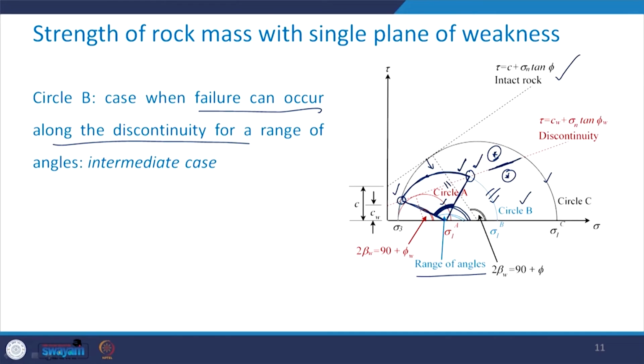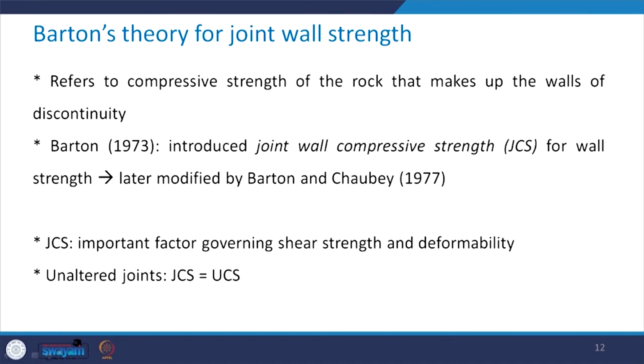If you have the portion from this to this, let us say, and from this portion to this portion, no failure is going to occur, but for these ranges of the angles, failure can occur along the discontinuity for these intermediate cases. So, this is what I wanted to discuss with you, the single plane of weakness theory.